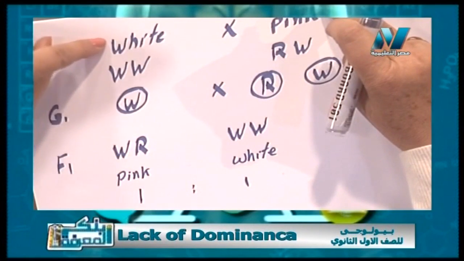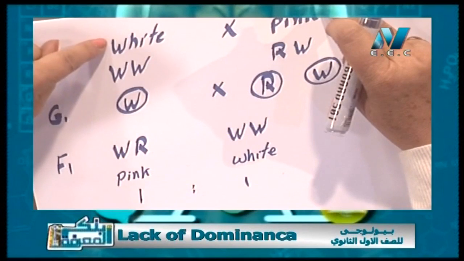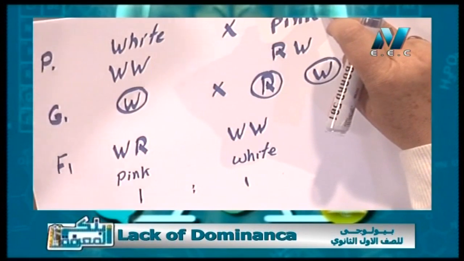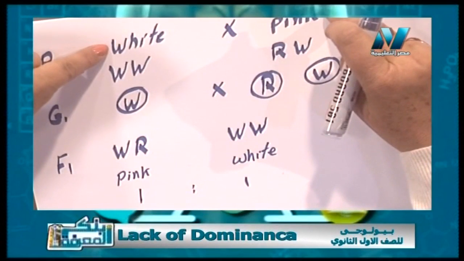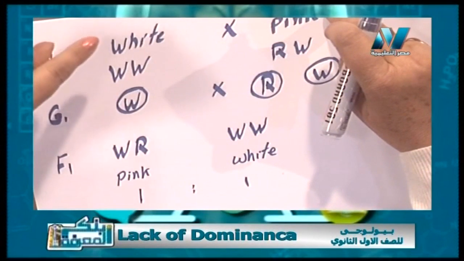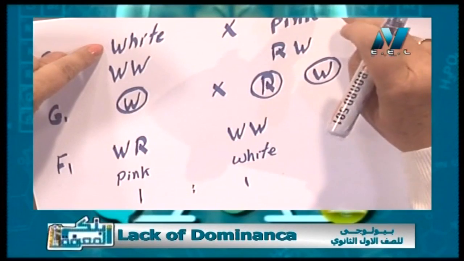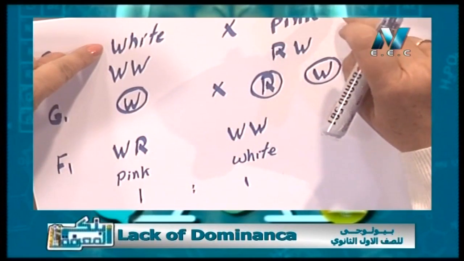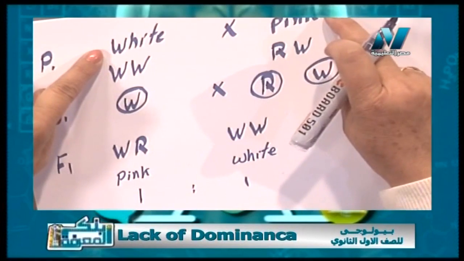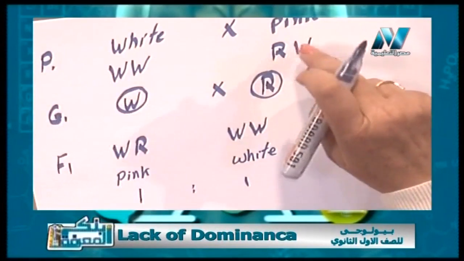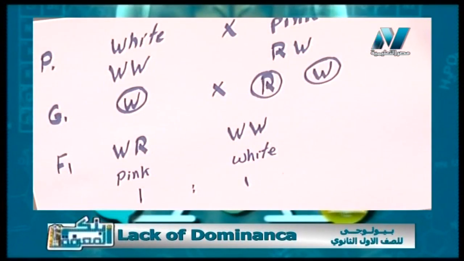We don't start with the pure characters. As in our explanation, we started with red, capital R, and white, capital W. But here, one is pure and the other one is hybrid, like this. So we get a different ratio.